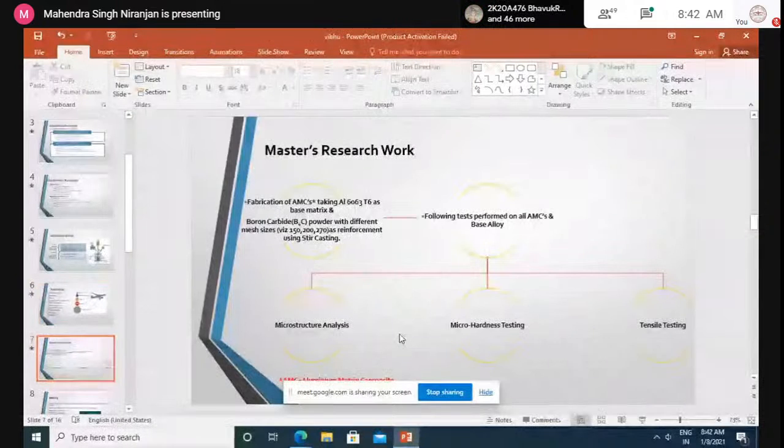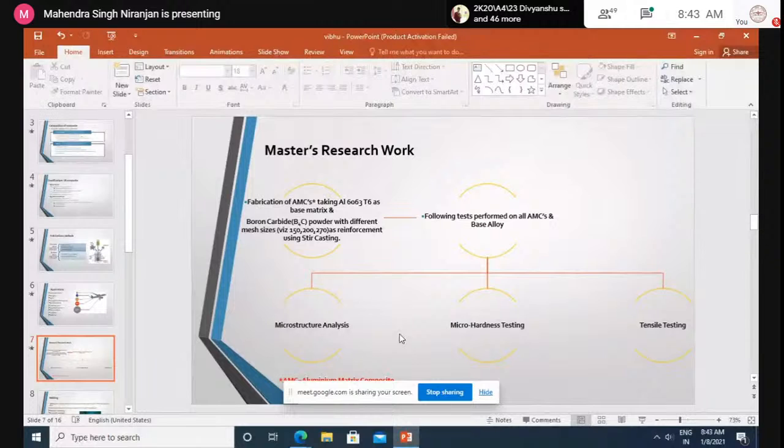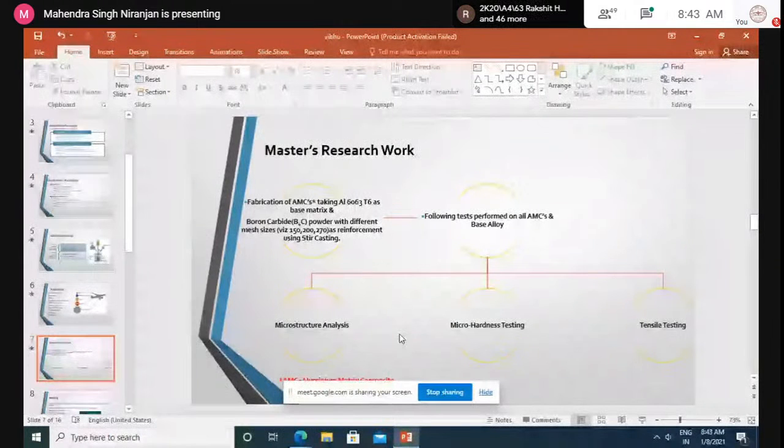Now, inside of this composite material, microstructure analysis. We have to see the microstructure, what is happening inside, how we develop it, what the microstructure is, how strength is increasing, how it is light in weight and hardness is increasing. So we check micro hardness and tensile strength by UTM.